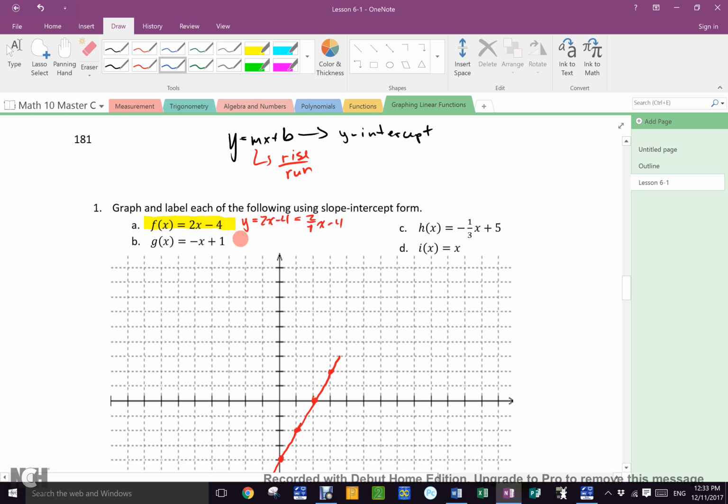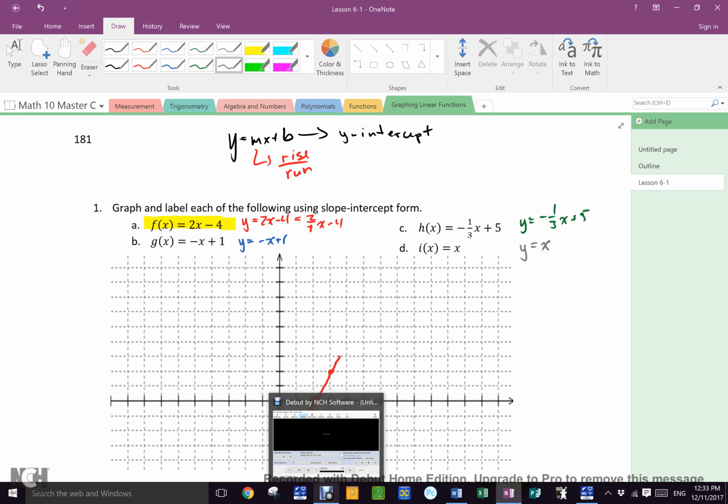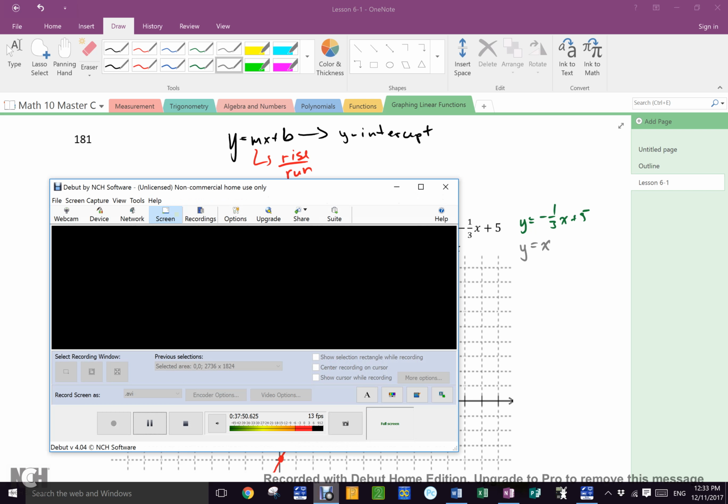I'm going to use a different color for each one. Remember, you can rewrite it as y equals. You guys take 2 minutes.